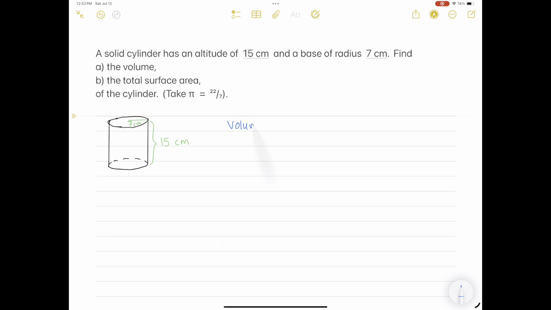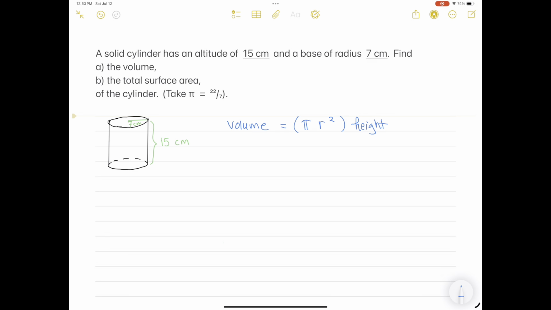I start by solving for the volume of the cylinder. The formula for volume of a cylinder is area of the base times height. The base in this case is a circle, so it would be the area of that circle, pi r squared, times height, or altitude.